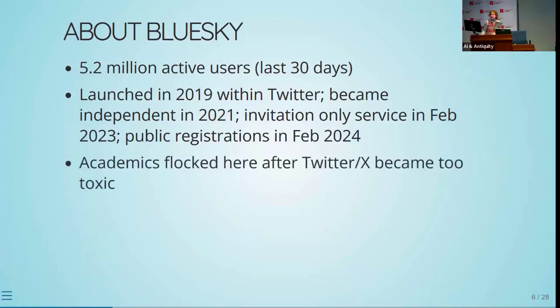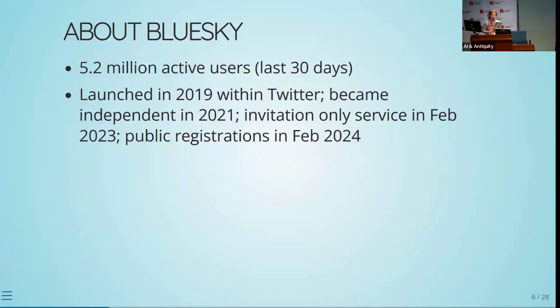It has a similar interface and interaction model to Twitter. It's basically a Twitter clone, but it differs in that it uses something called the Authenticated Transfer protocol, or AT protocol. ATP is a decentralized open architecture that enables greater transparency and user control.